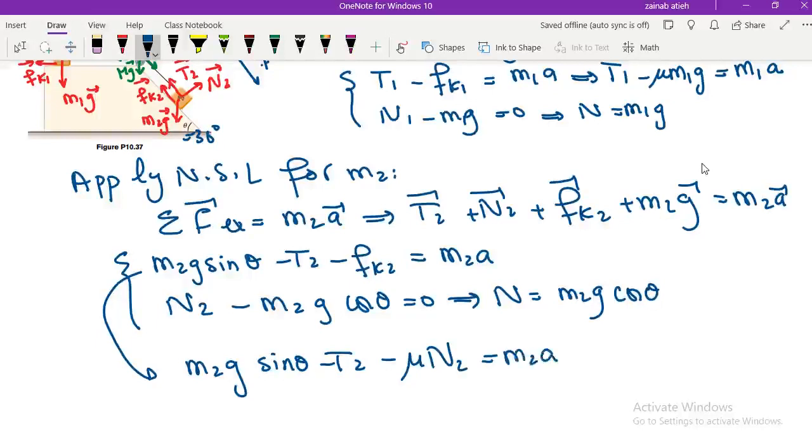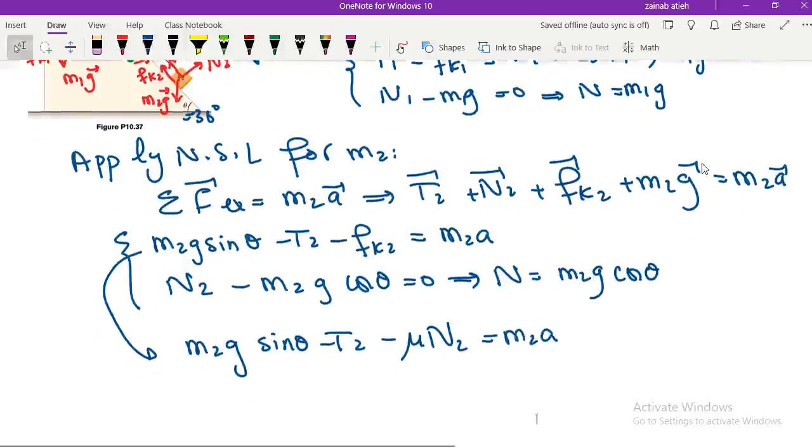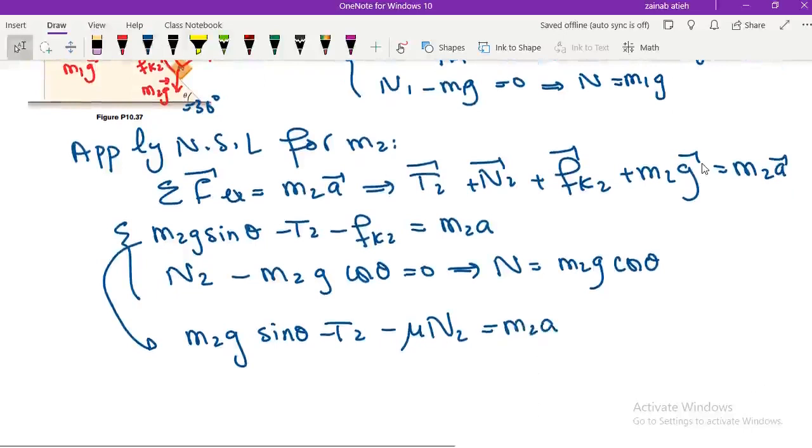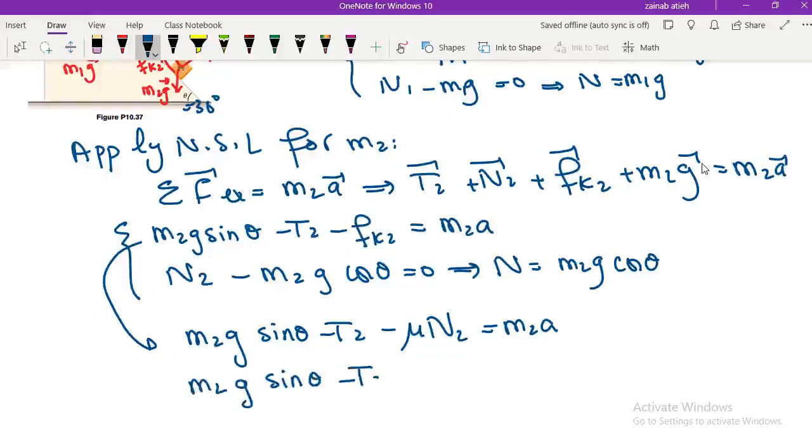If I had mu 1 and mu 2 I would have named them mu 1 and mu 2, but here there's only one kinetic friction for both of the blocks, so I named it mu K. So M2G sin theta minus T2 minus mu, which is given, times N2, which is M2G cosine theta, equals M2A. Now I also have a second equation with two unknowns, T2 and A.